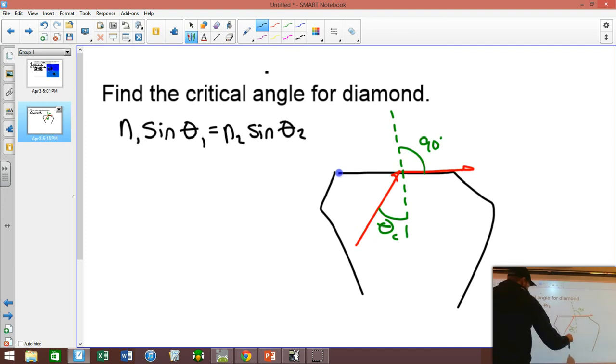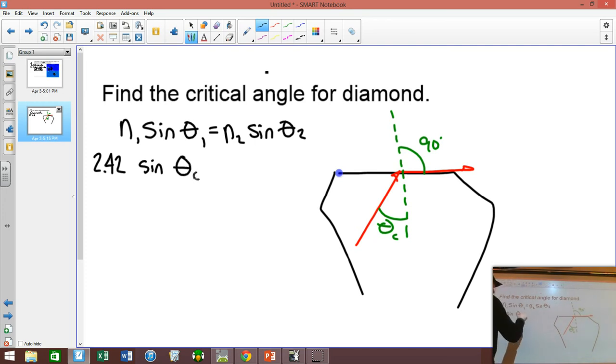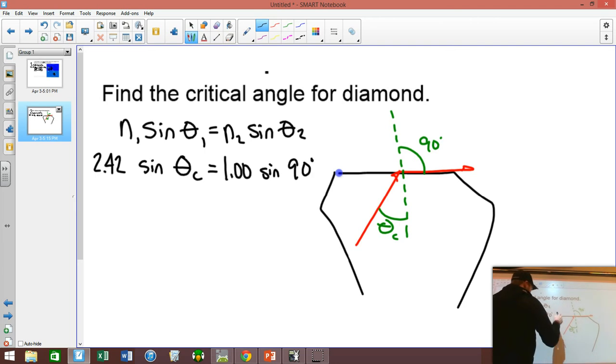N1, you're going from the diamond, and if you remember, it was 2.42, times the sine of theta 1, which is unknown. We don't know that. That's the critical angle. We're trying to go into air. And theta 2 is 90 degrees.